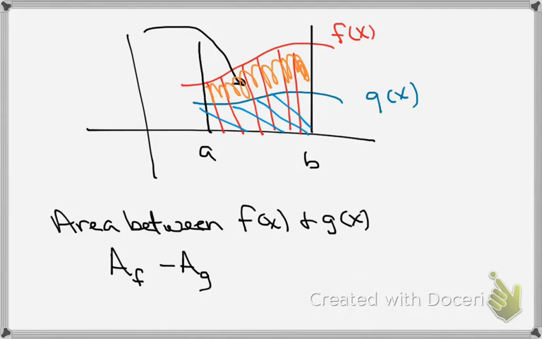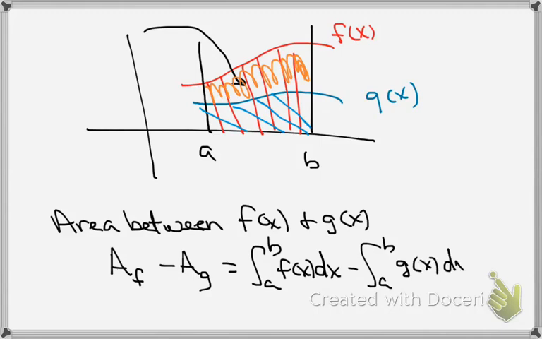So this might help me understand a little bit better how I can come up with the formula, because I know how to calculate the area of f, provided that the functions are above the x-axis. If they're below, we know that's a signed area, but both of them are above the x-axis. So this would be the integral from a to b of f of x dx minus the integral from a to b of g of x dx. And so I can put those two integrals together.